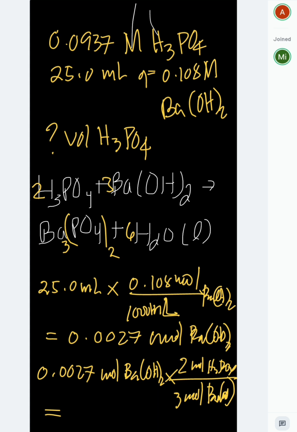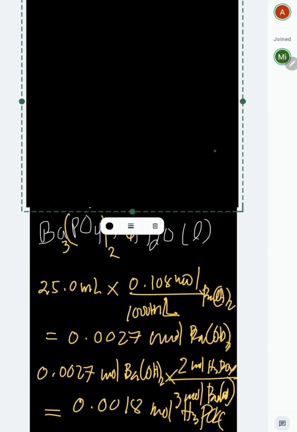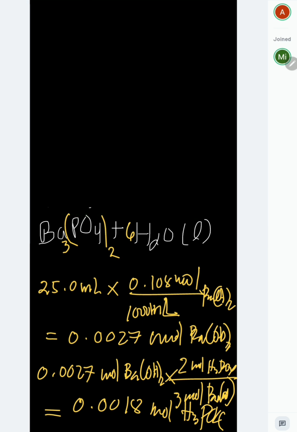2 divided by 3. 0.0018 mole H3PO4. Then can I delete the one above on top? Okay, from there we can calculate the volume, because we are asked for the volume, right?